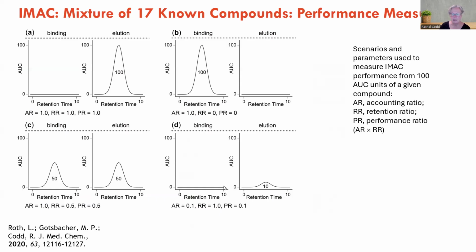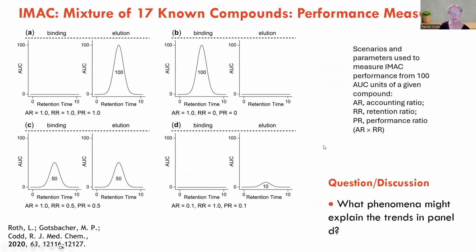And in this particular scenario, we've got some of the compound that's bound, but we can't account for all of the compound that we loaded on. So that's really telling you that there's some sort of phenomenon going on at the resin. For example, it might be precipitating, or for whatever reason, we can't seem to elute the compound. And so again, using this measurement system, we would declare this as a performance ratio of 0.1.